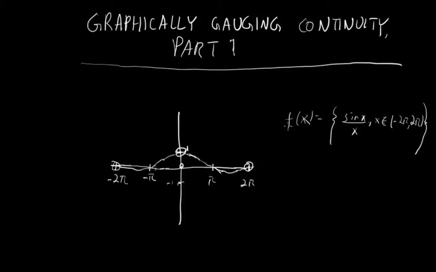So what that means is we can redefine this function, or there exists another function, capital F of x, that's going to be equal to sine x over x in this subinterval, the open interval negative 2 pi to 0, as well as the open interval 0 to positive 2 pi.